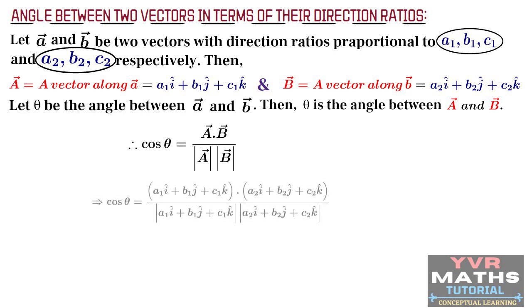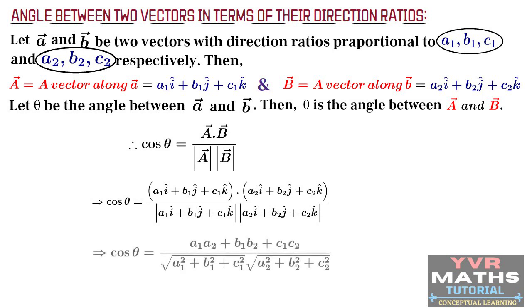Now cos theta is equal to, on numerator, A1 i cap plus B1 j cap plus C1 k cap dot A2 i cap plus B2 j cap plus C2 k cap, whole divided by modulus of A1 i cap plus B1 j cap plus C1 k cap into modulus of A2 i cap plus B2 j cap plus C2 k cap. Now if we apply the dot product of two vectors concept on numerator, that implies cos theta is equal to, on numerator, what you will get: A1 A2 plus B1 B2 plus C1 C2.